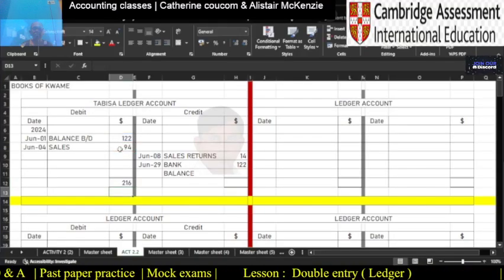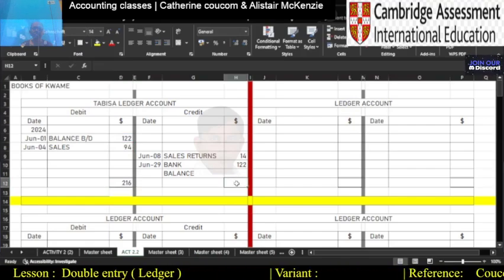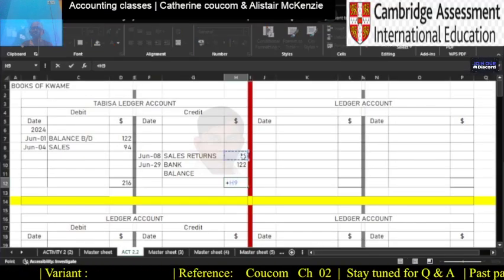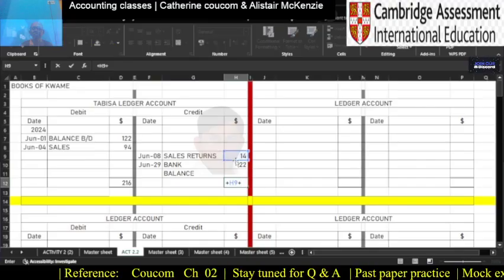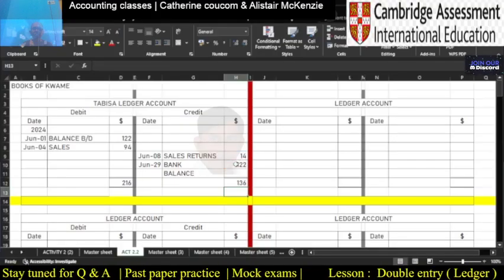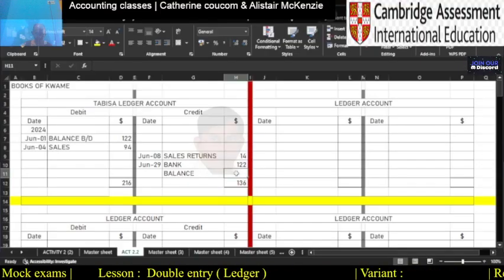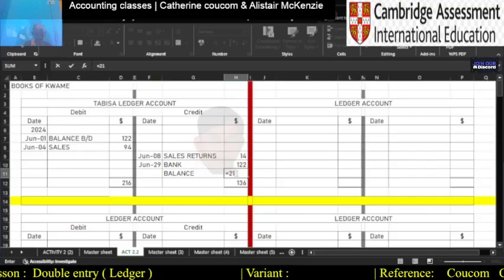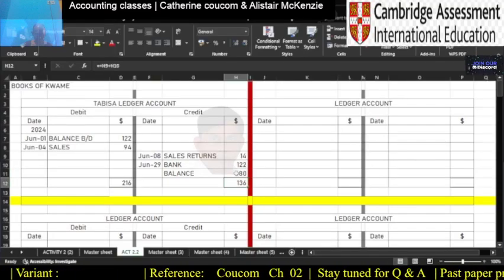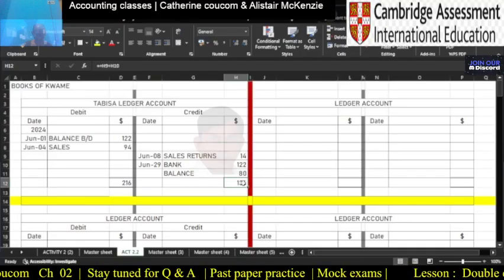What is the total here? The total here is 216. So 216 minus 136 is the balance.